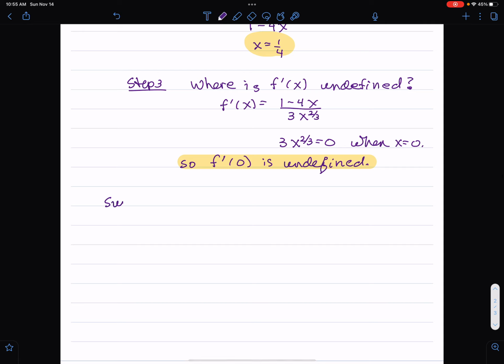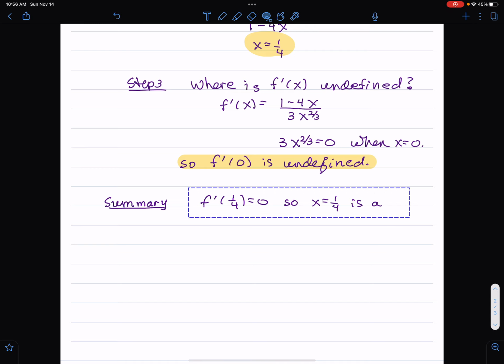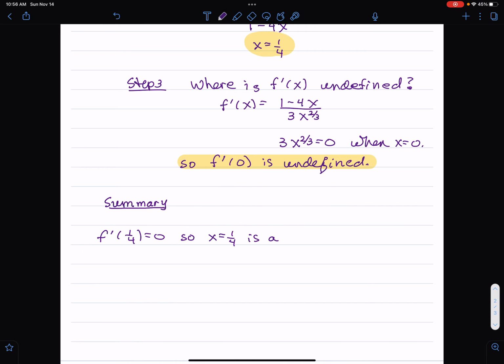So, our summary then, this is step 4: f prime of 1/4 is equal to 0, so x equals 1/4 is a critical number. And by the way, I'm saying critical number, critical points.